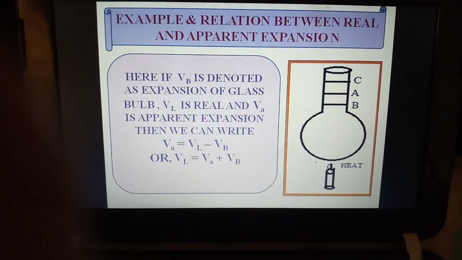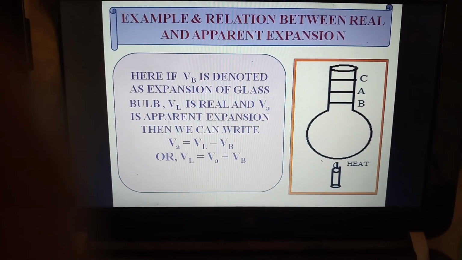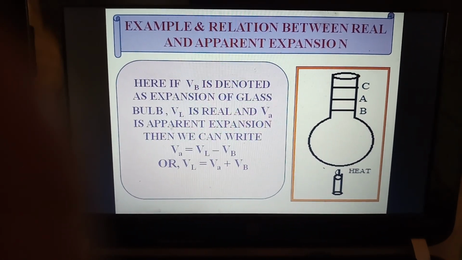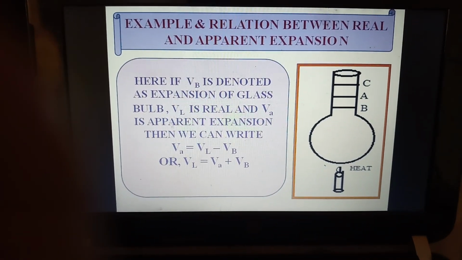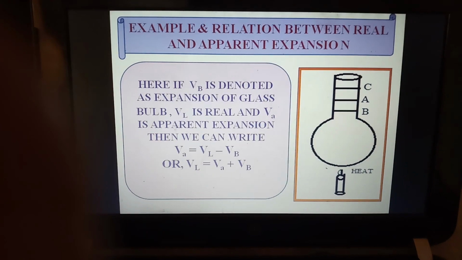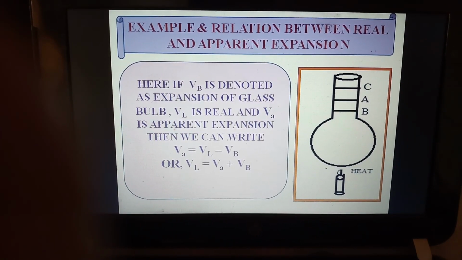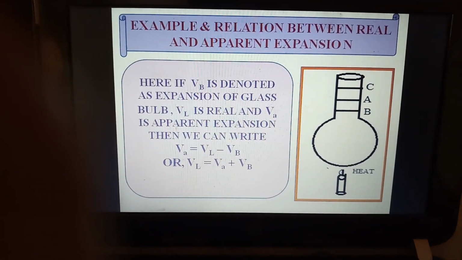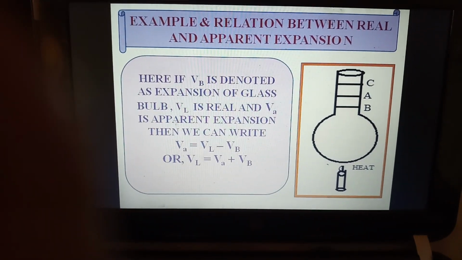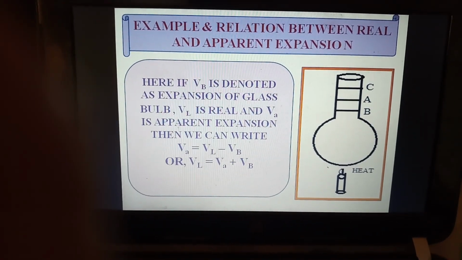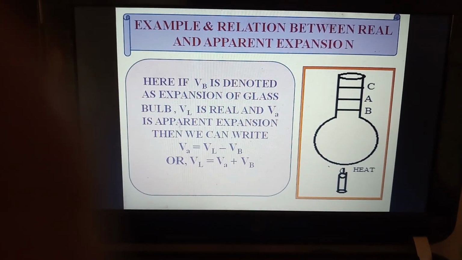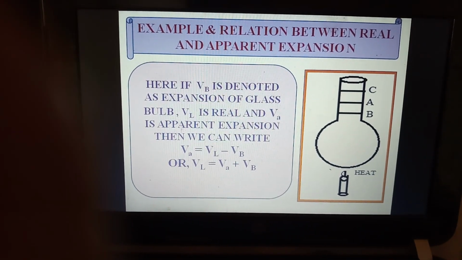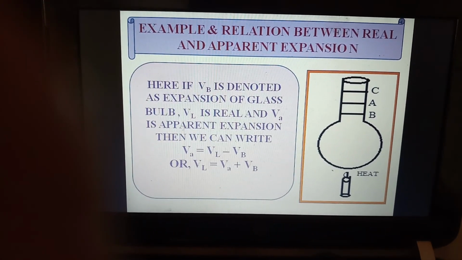Here, if VB is denoted as the expansion of the glass bulb, VL is the real expansion, and VA is the apparent expansion, then the relation between these three terms is VA equal to VL minus VB.